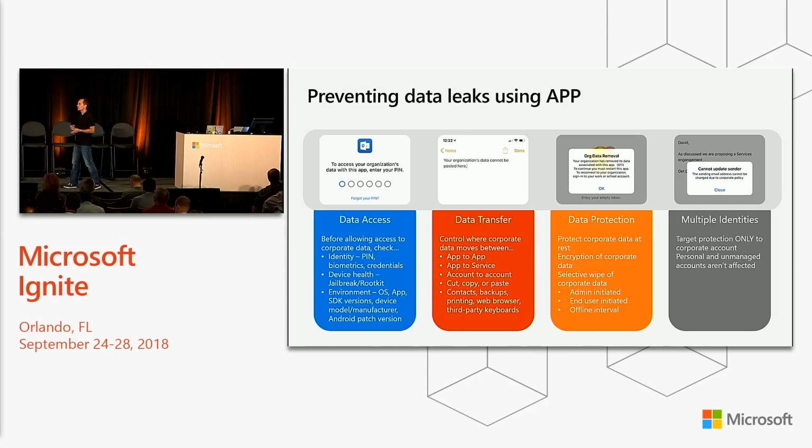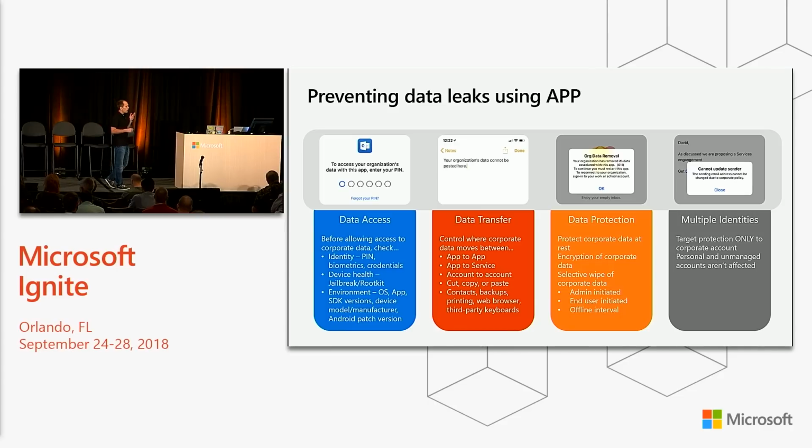We can determine through the Intune SDK whether the device has been jailbroken or rooted, and we can issue a wipe if need be, or block access. And then, of course, we also look at environment variables, and we've done a huge amount of work this last calendar year in the environment variable space. We've added support for minimum operating system, app version, the SDK version.